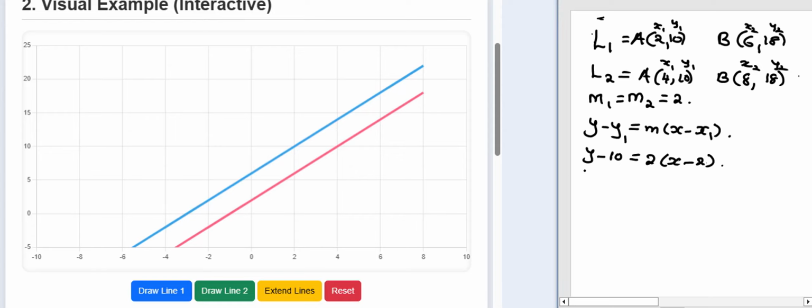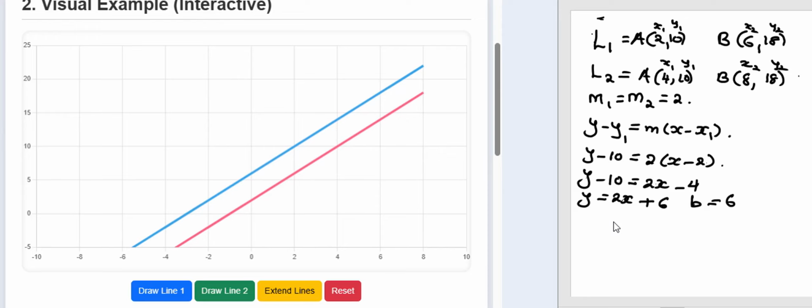So it becomes y minus 10 is equal to 2x, if I open the brackets, minus 4, which becomes y is equal to 2x. When I take this 10 to the other side, it becomes minus 4 plus 10, so it becomes plus 6. So the y-intercept of line 1, which is represented by b, is 6. This one.